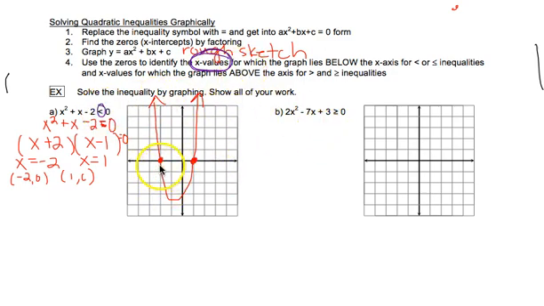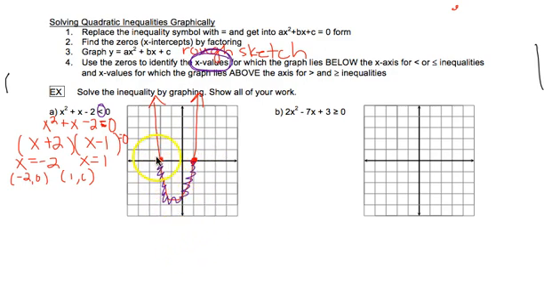So the part of the graph that is below the x-axis, I call this like squiggling it. I would suggest you do that or color it if you have colored pencils or a highlighter. This is the part that's below the axis. And because this doesn't have an equals, that means we should not be including the boundaries. So this is what's below.